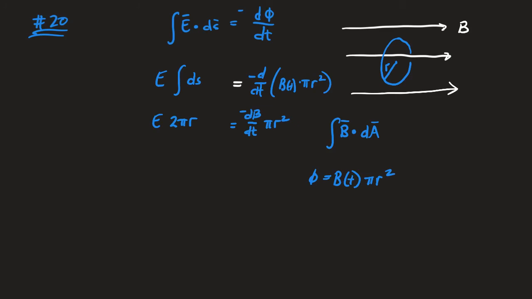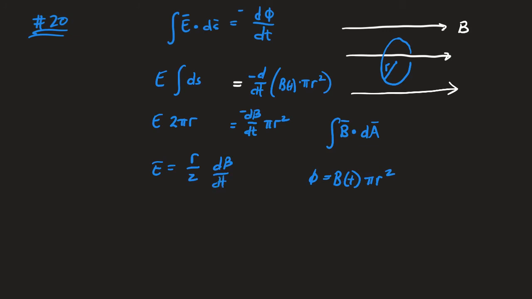I don't know direction. That negative sign there is the direction, so I'll have to deal with that in a minute. But they just want the electric field strength. They didn't ask for the vector direction of it. So I can ignore the negative sign, and write this as E equals, the pi's cancel, one of the r's cancels, so r over 2 dB dt.